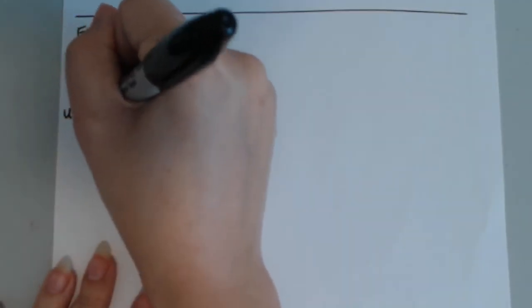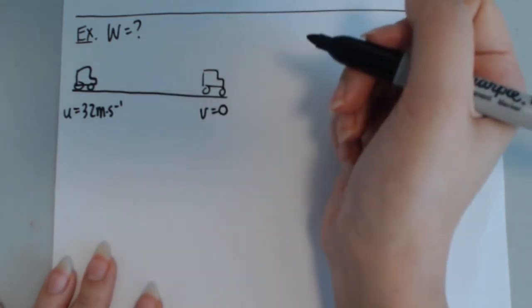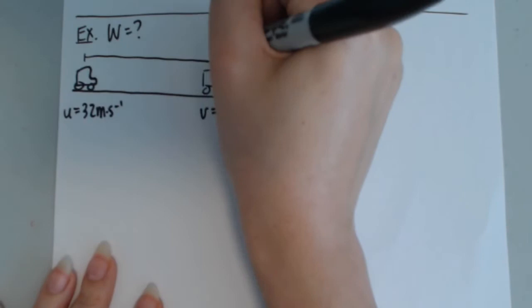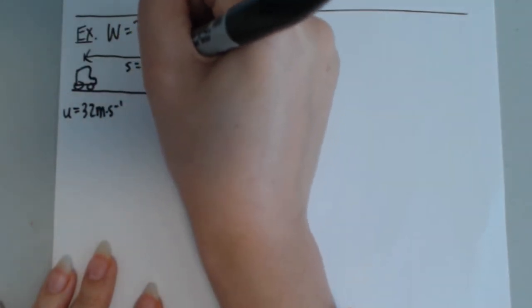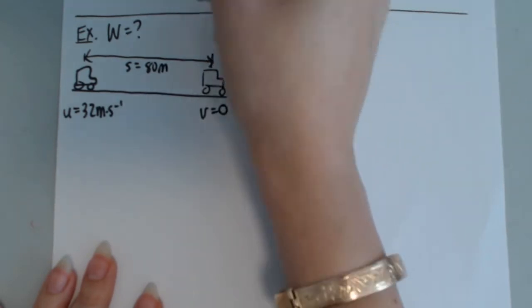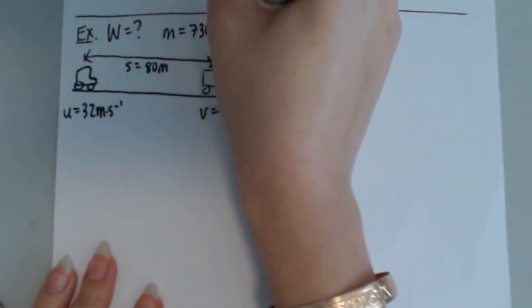If the starting speed is 32 meters per second, final velocity is 0 because we're bringing it to a rest. This occurs over a distance of 80 meters. And the mass of the smart car is 730 kilograms.